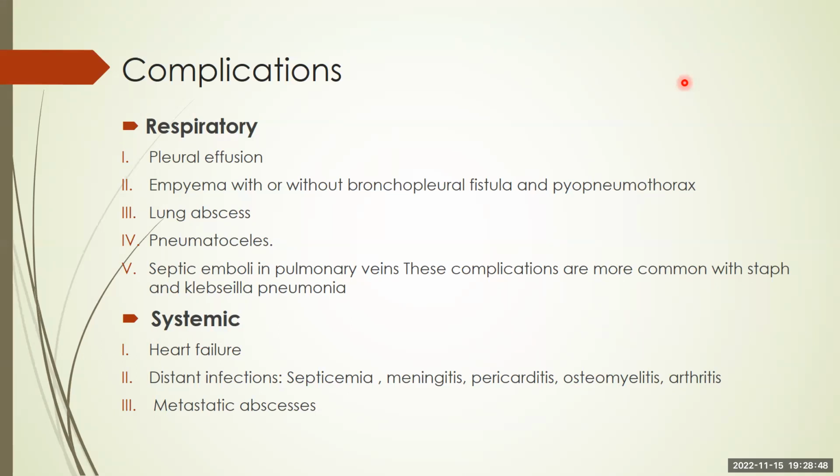Nabeela, I wanted us to quickly go through these respiratory complications, if you can give me a minute. When it comes to pleural effusion, we are all clear that this is infection within the pleural cavity. The pleural cavity normally has fluid that allows the visceral and parietal pleurae to move across each other smoothly during inspiration and expiration.